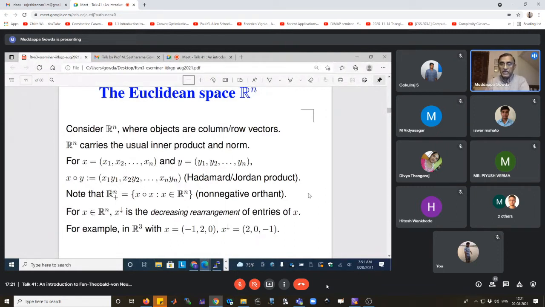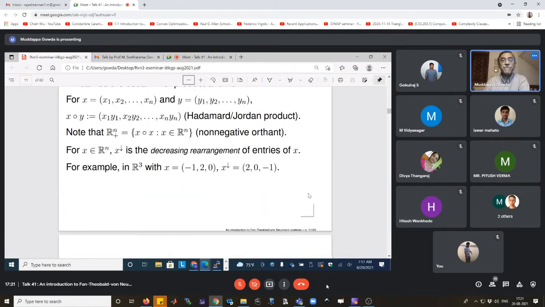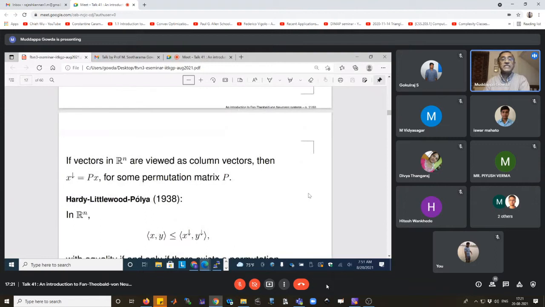So you simply rearrange the entries in decreasing order. If vectors x in Rn are viewed as column vectors, then x down arrow is P of x, where P is some permutation matrix. So you start with x, you rearrange the entries of x, and what you get is this decreasing rearrangement.